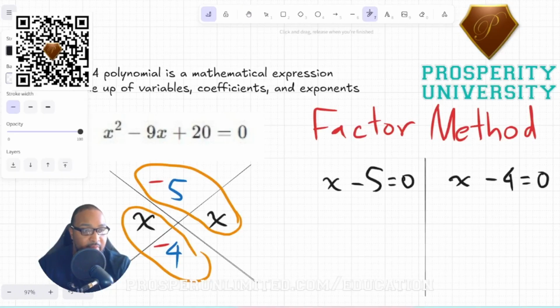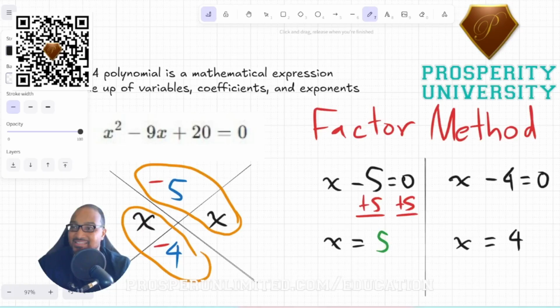So now let's use our middle school math and solve for x. If you remember, this is a -5, so we eliminate it by using +5. Whatever you do to one side, you do to the other, right? So therefore, x will equal +5. And at this point, you should have enough common sense to know that we use our middle school math, and this will give you x equals +4.